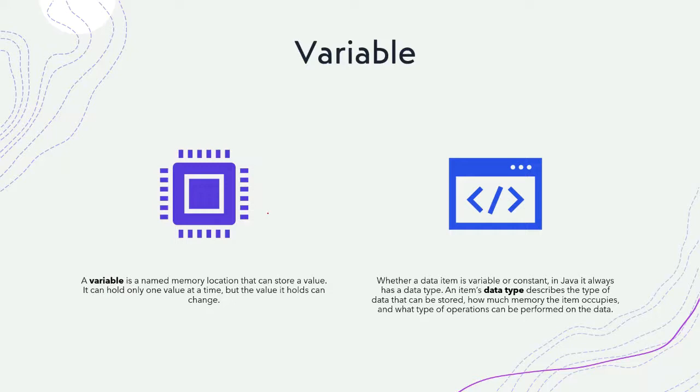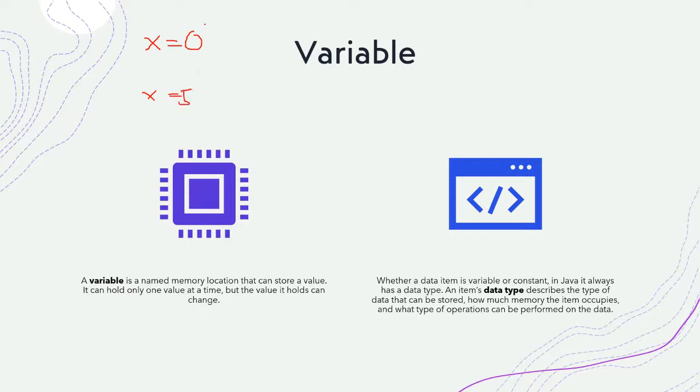The variable, on the other hand, is a named memory location that can store a value. It can hold only one value at a time, but the value it holds can change. So let's say, for example, you initialize x is equal to 0 here, and then at a later part of your program, you assign a value to x. Let's say x is equal to 5.